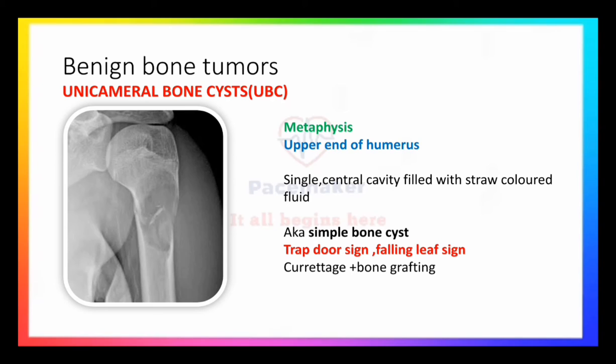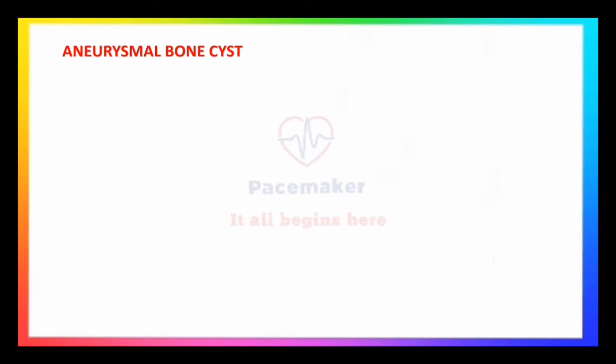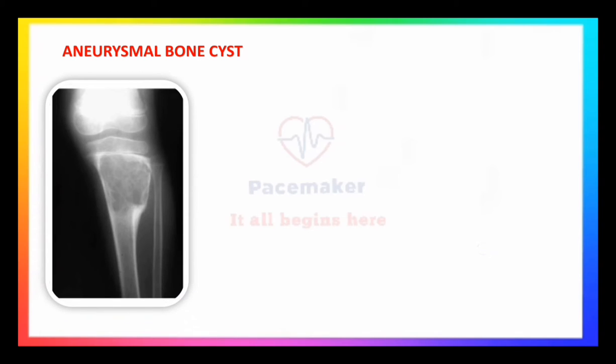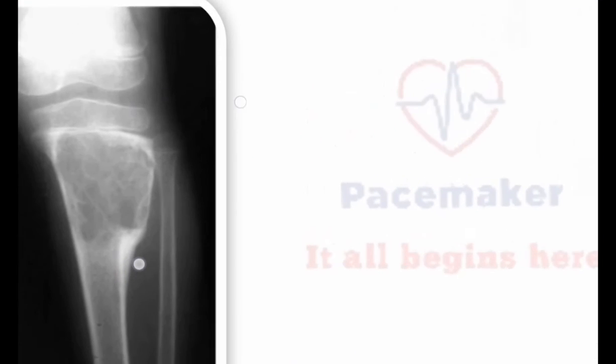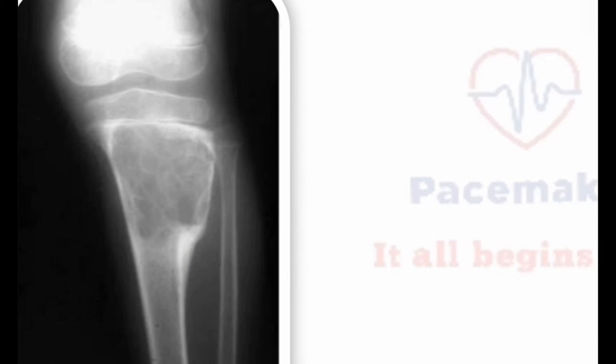Now let us move to another bone cyst, that is aneurysmal bone cyst, ABC. This also arises from the metaphysis, and the most common site is the upper end of the tibia. See here, a multiloculated cyst present in the upper end of the tibia.